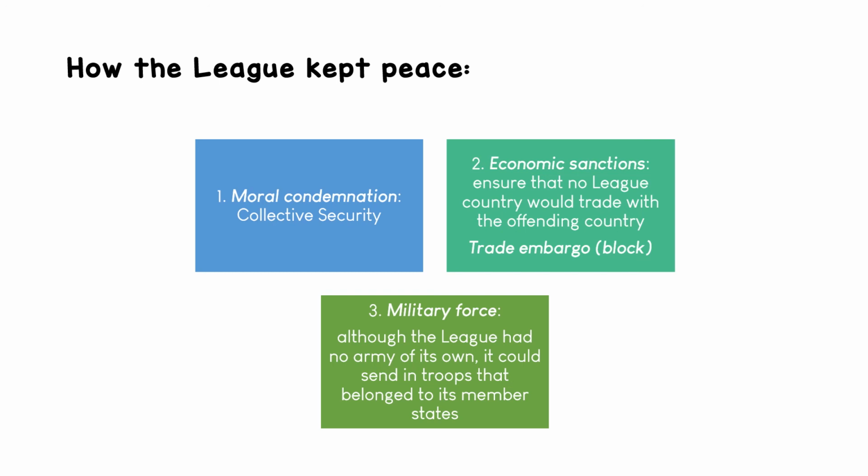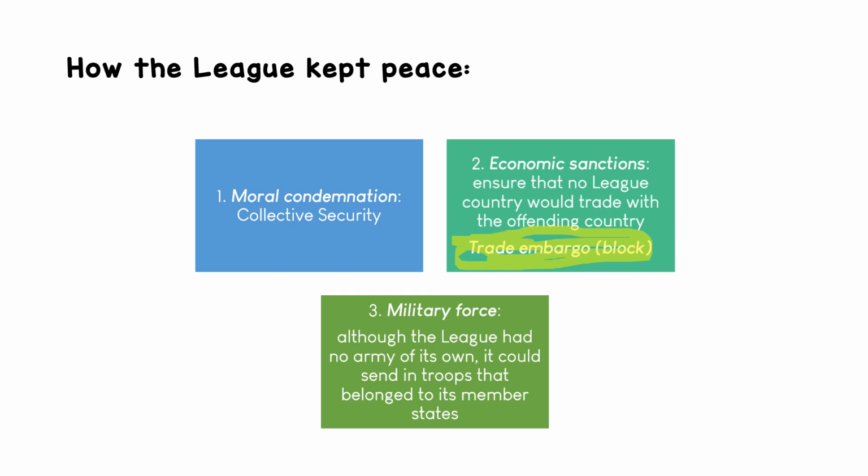If that didn't work, the League could impose economic sanctions, making sure that no League member would trade with the offending country. They could use a trade embargo, which is a block, meaning that this country would become isolated. None of the members would accept to trade with it.